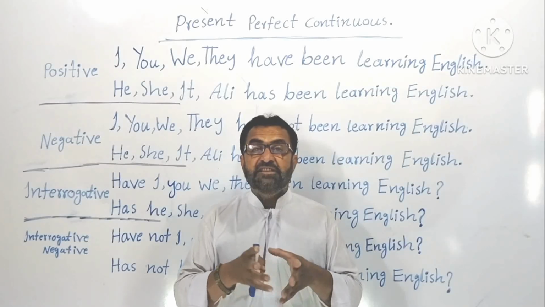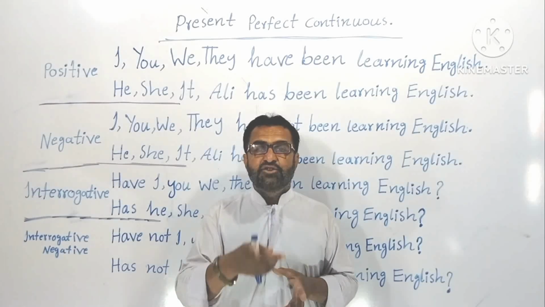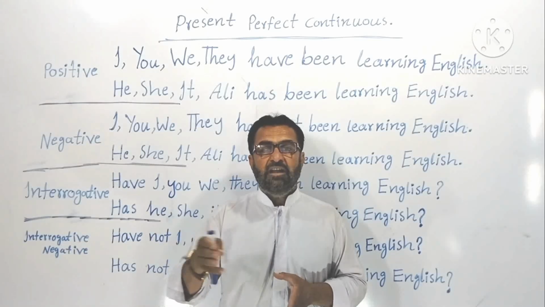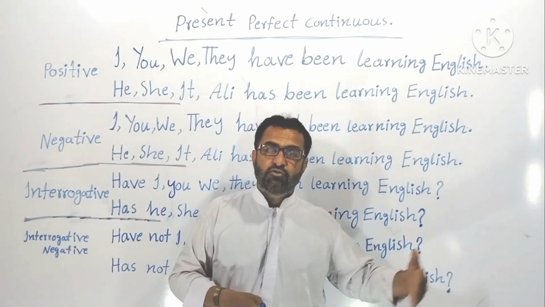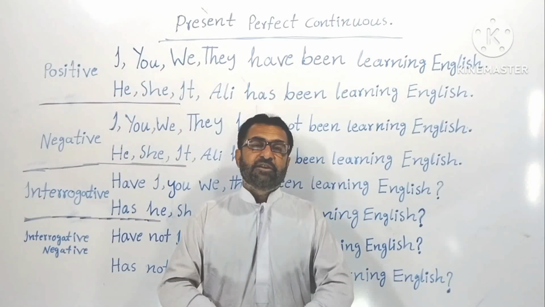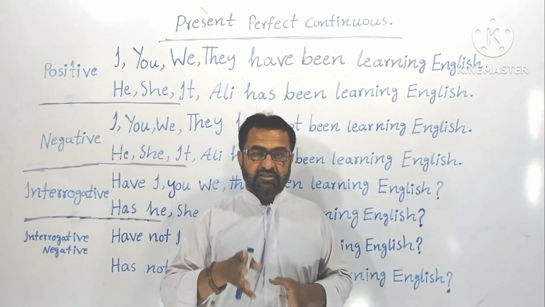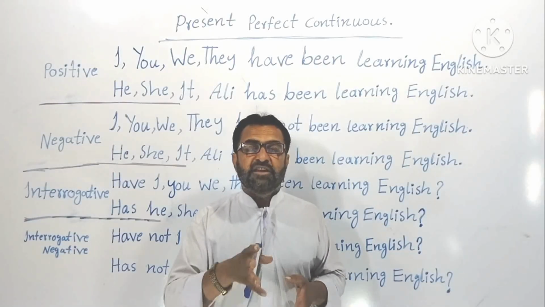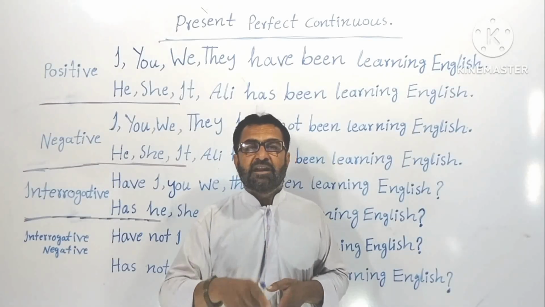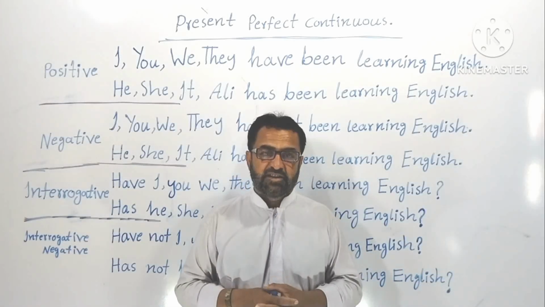Now, if something is done hourly, every hour, and you haven't stopped in the middle until now and it is heading towards the future, then it is present perfect continuous. In every minute you have been doing something and you haven't stopped, that is present perfect continuous. When something is done every second and you haven't stopped until now and heading towards the future, that is present perfect continuous.